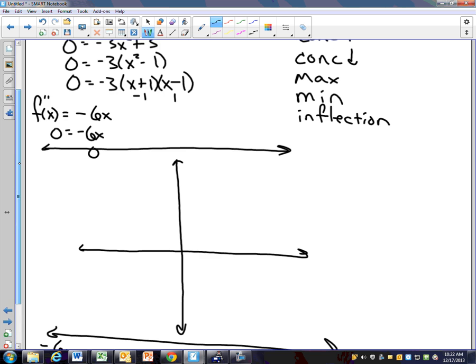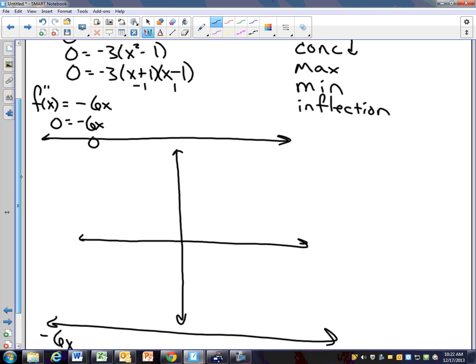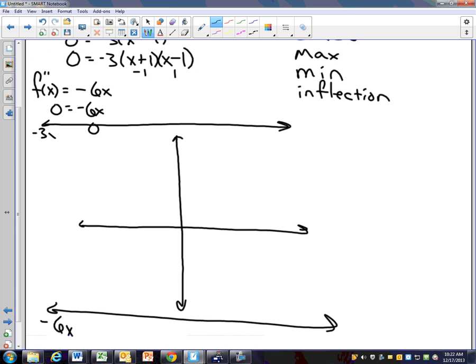I put the first derivative on the top, -3x squared plus 3. And I just mark my points. I know that 0 is an important point for the second derivative, and I know that -1 and +1 are important points for the first derivative.